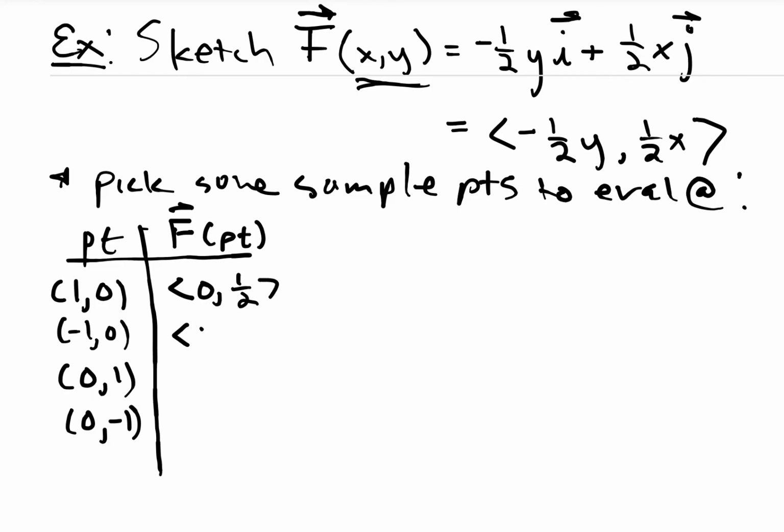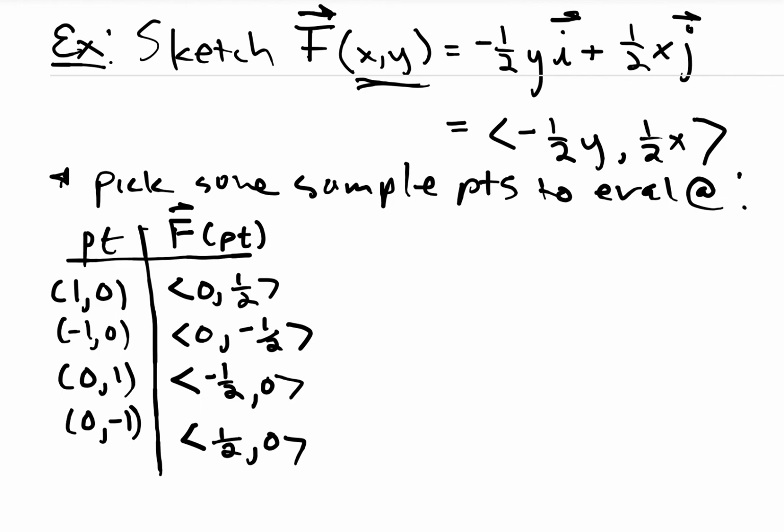Similar here. We'll get 0 and negative a half because I've got a negative x. And then if I switch this around, for these guys, I have 0 as my x value. That'll knock off my second term here, so I'm just worried about what's going on with plugging in my y coordinate and the x component. Here I'm going to get minus a half, comma 0. And here I'm going to get, because my signs cancel, a half, comma 0.